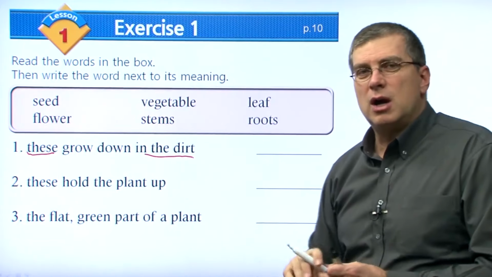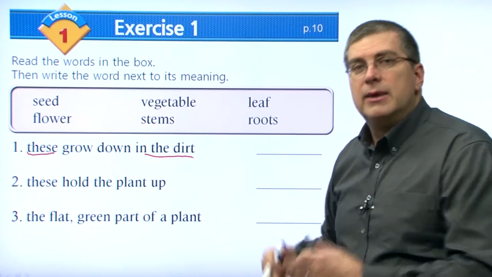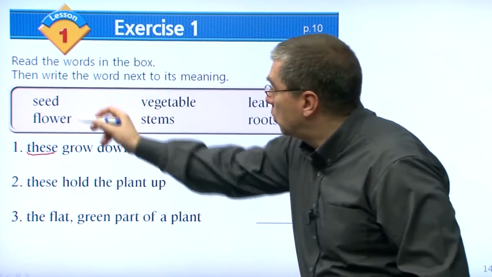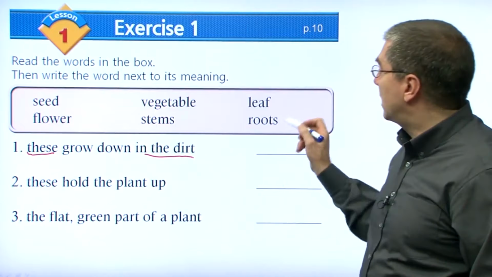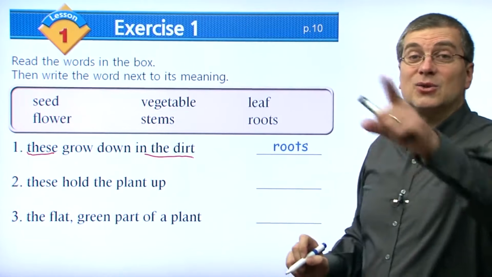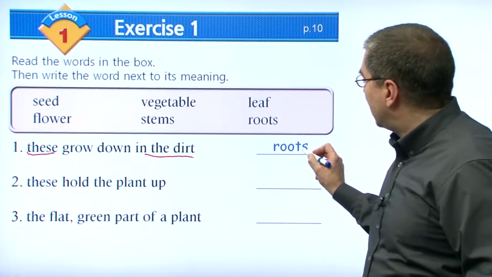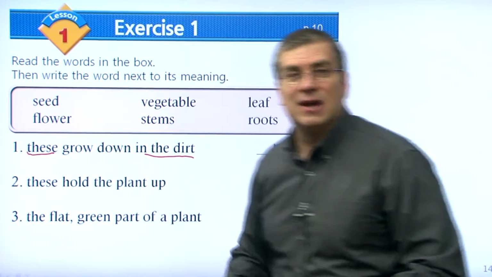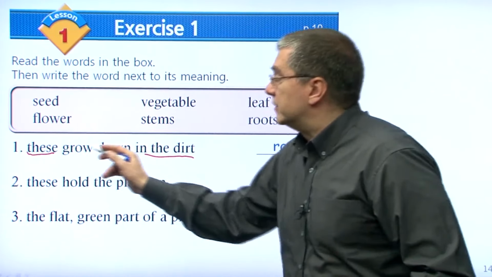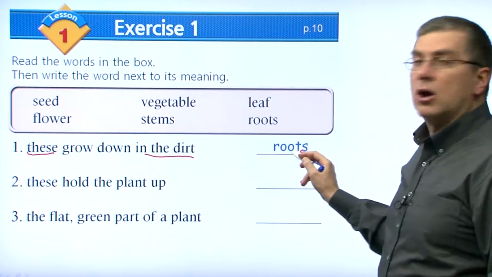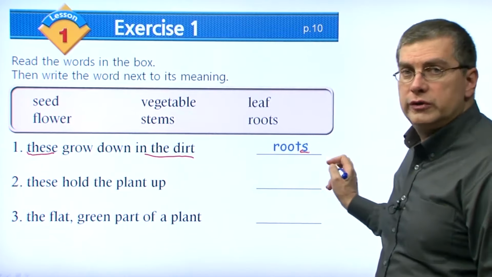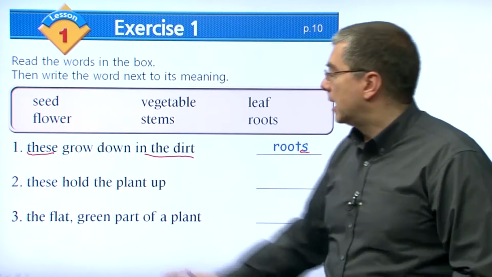They must be very strong. They're part of a plant. Which word is it? If you guess, roots. That's right, roots. S, because we say these, plural. These grow down in the dirt. They are roots. Okay, number two.